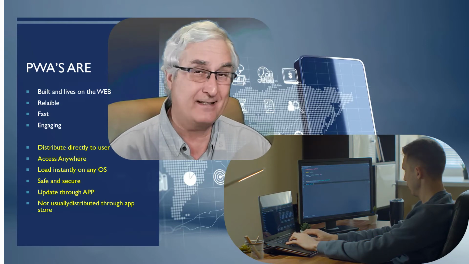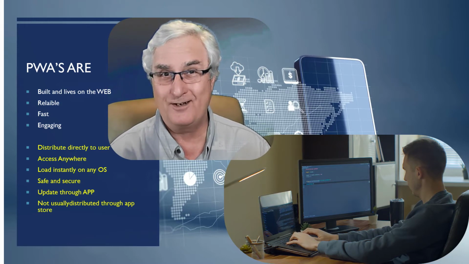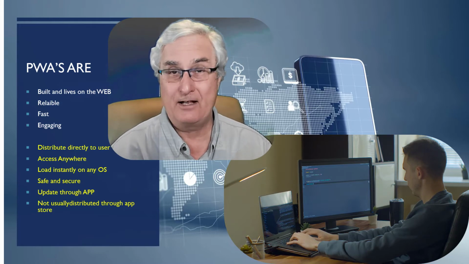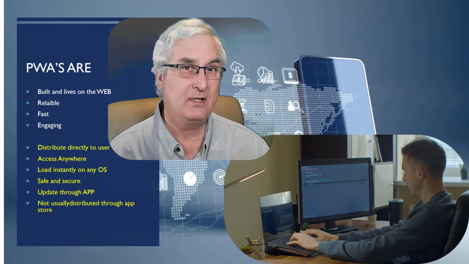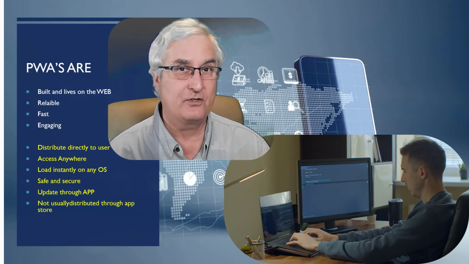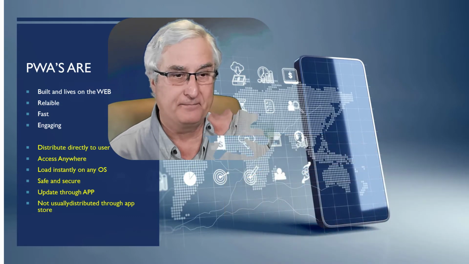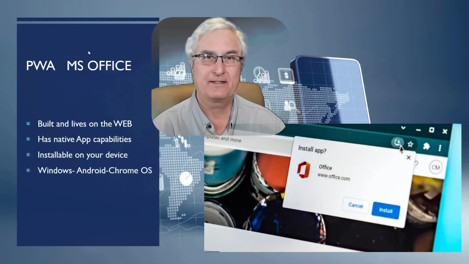They load instantly on any operating system. In fact, they work on Windows, Android, Chrome OS, and iOS devices. And they update through the app themselves, so you don't have to go back to the Play Store for updates. Now, Microsoft Office is now a progressive web app.